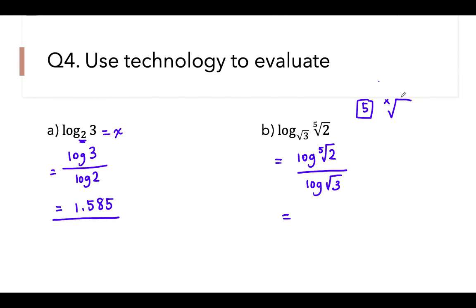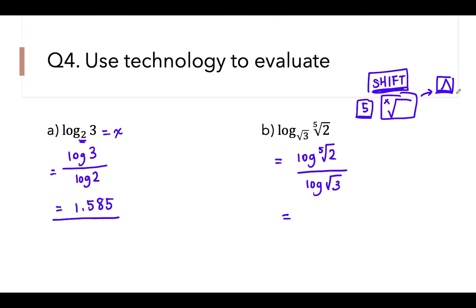In order to use this button, you will have to press Shift. This button is right above this sign. So you can press 5, Shift, and the upside down triangle.